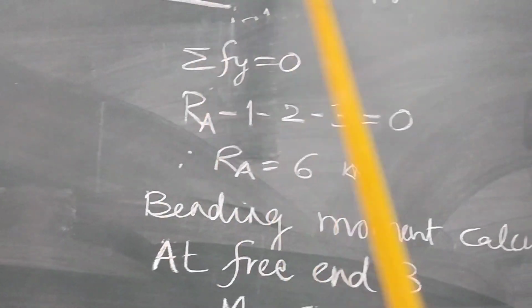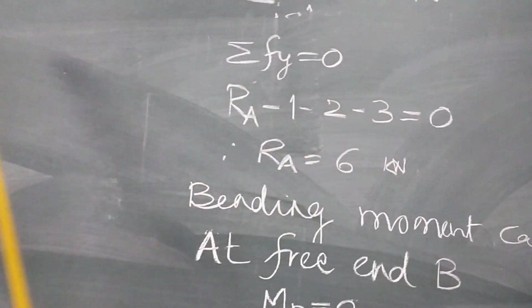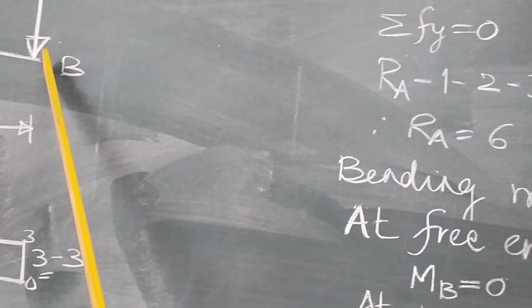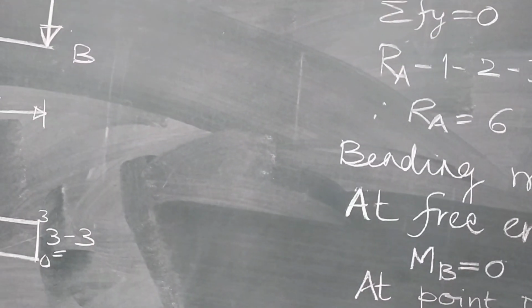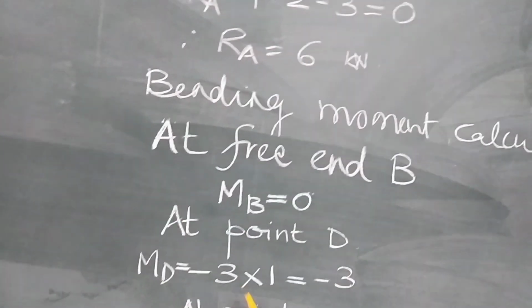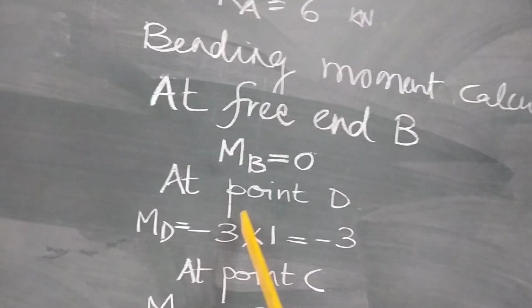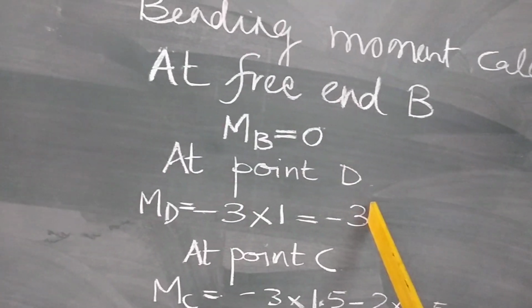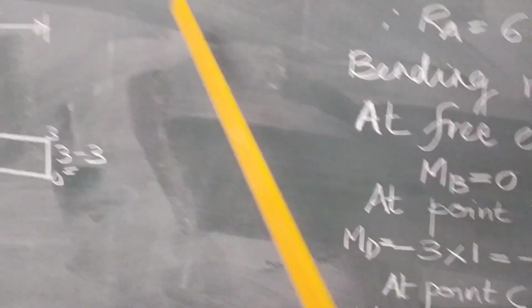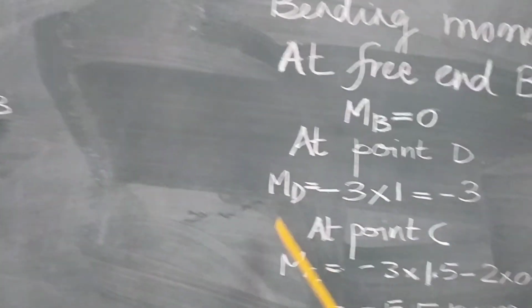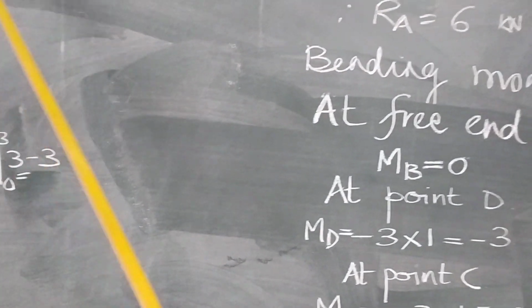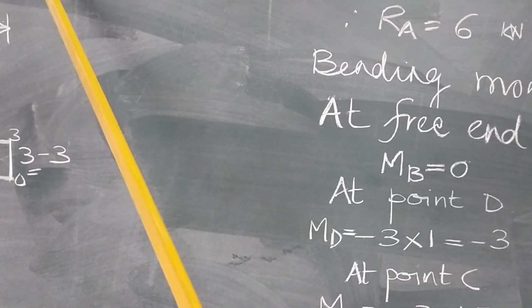So, take this clockwise moment towards right. So, 3 into 1 minus, because clockwise moment towards right is negative, minus 3 into 1. So, minus 3. Second, at point C, two forces are there, D and B.